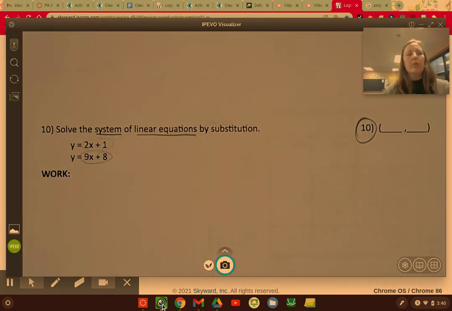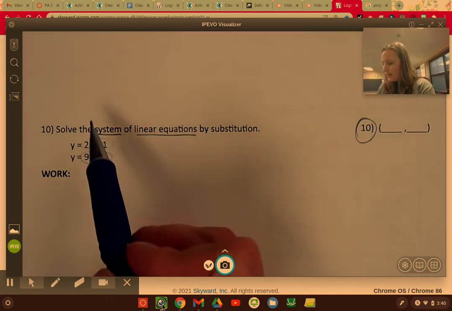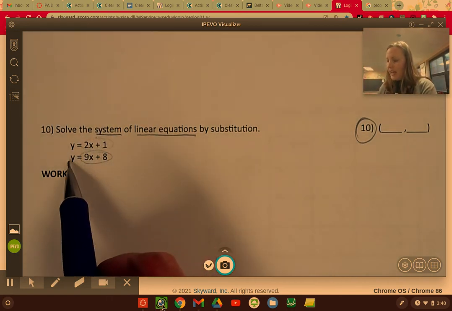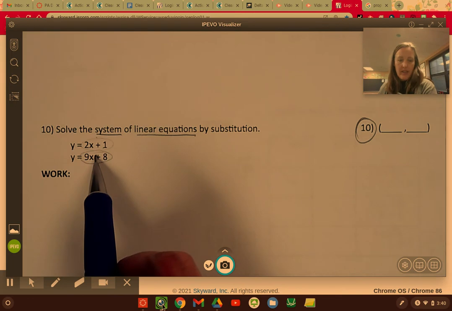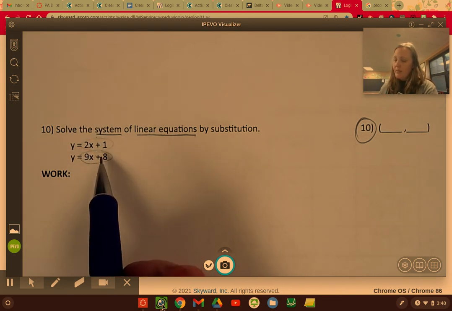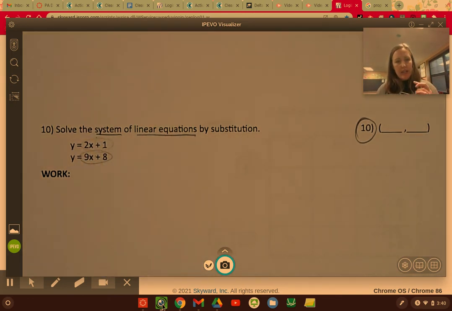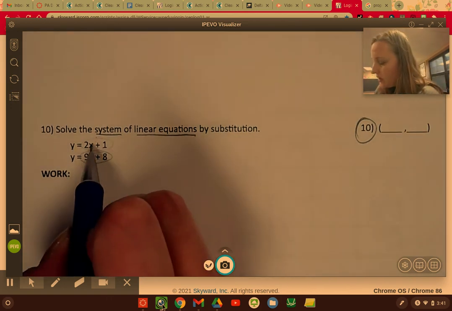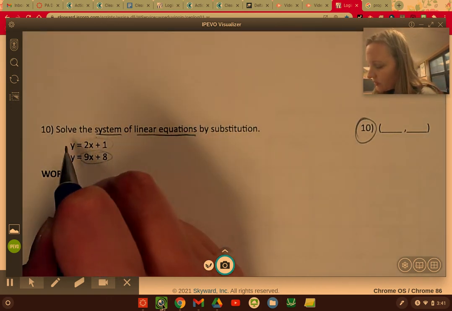Okay, so if y is equal to this, and y is equal to this, that means these things have to be equal to each other, right? If A equals B and B equals C, then C has to be equal to A. So in other words, all I can do is take these y's out.